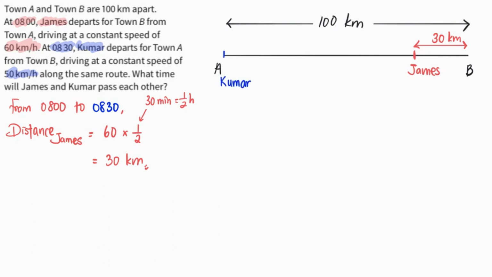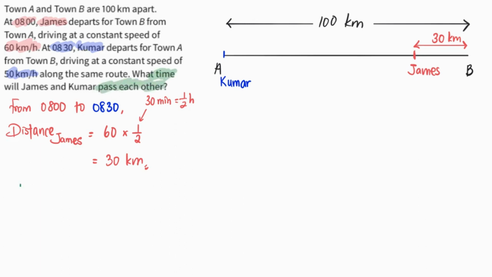Okay, so after this, after 8:30, where both started traveling, then at this point I would like to denote what we are trying to find here, the time where they pass each other.